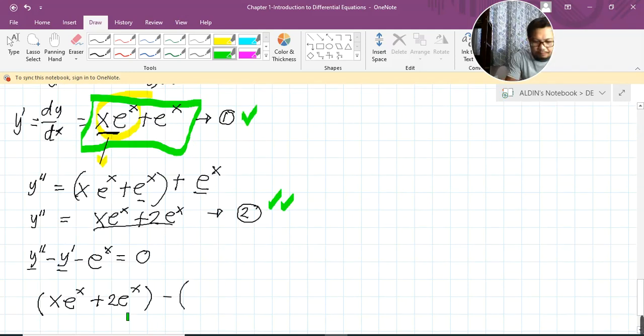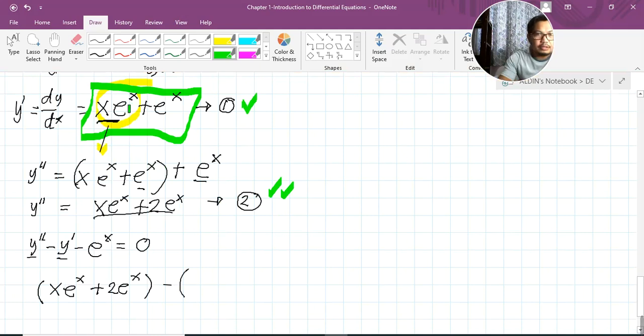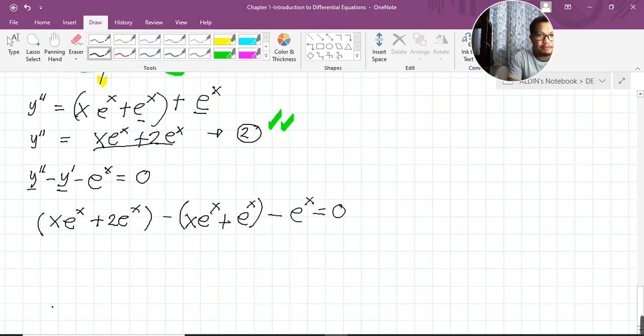The first derivative is equal to x e raised to x plus e raised to x. Then minus e raised to x, and this is equal to 0. Then go to the basic simplification. Remove the parentheses to avoid confusion.